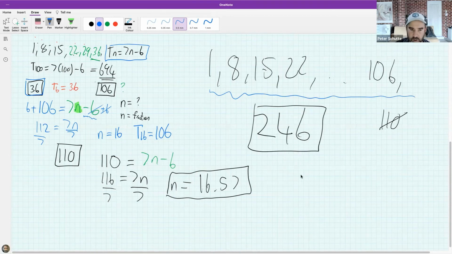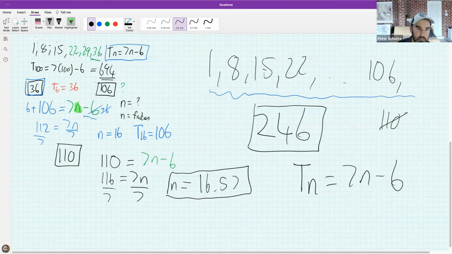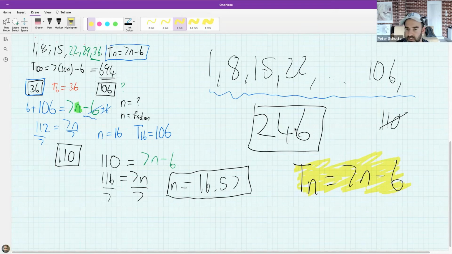Just to illustrate what the method is: make sure you have a formula for the number pattern. In this case, the formula is this. There's no debating that. We've worked it out already. I want you to try and use this formula to check if 246 is in this number pattern.